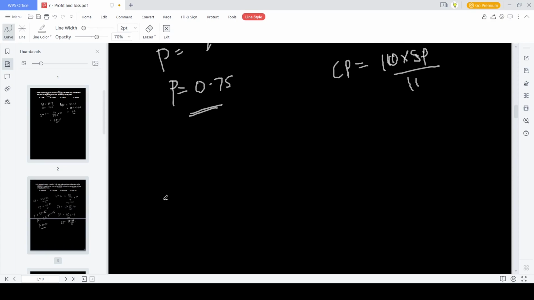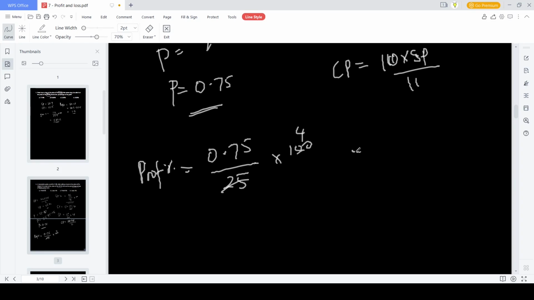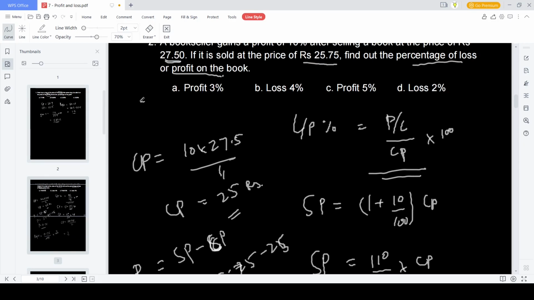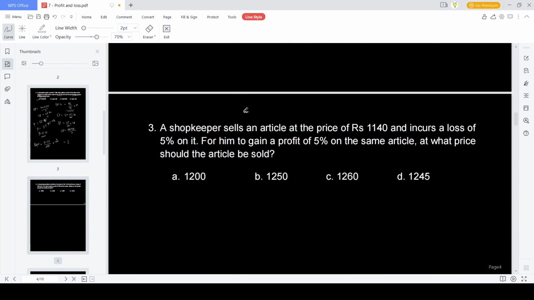So his profit percentage is 0.75, that is profit, divided by cost price 25 into 100. So profit percent comes as 3%. Yes. Next question.